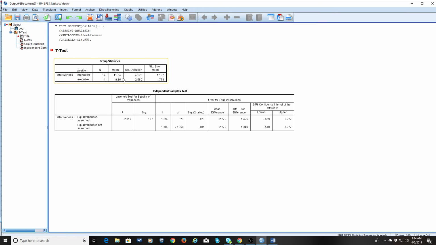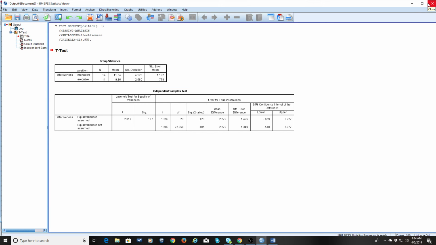So this isn't significant. So even though you say, yeah, 11 is more than 9, no. Statistically, that's not enough of a difference for you to say that managers are outperforming executives. That could be just by luck. So we keep it that way. So for this one, you can say the difference is not statistically different.